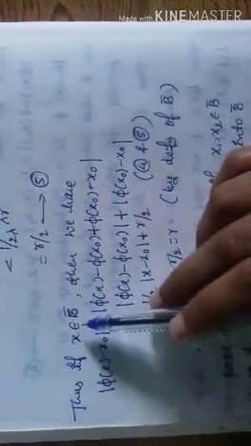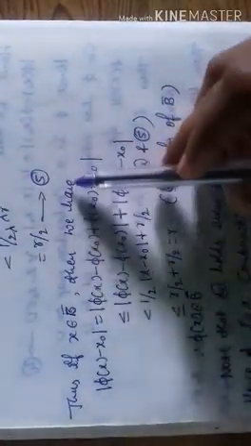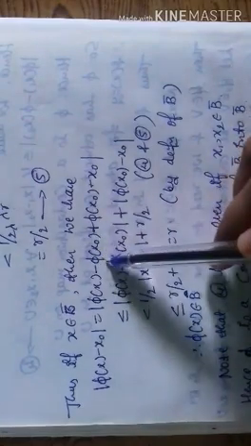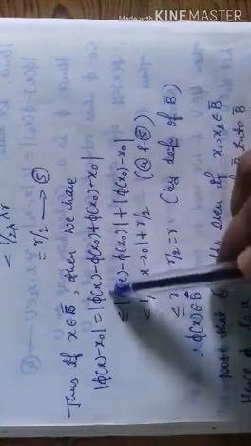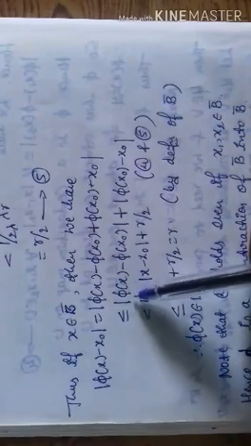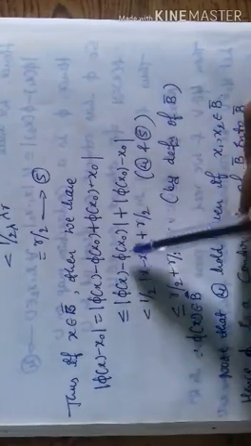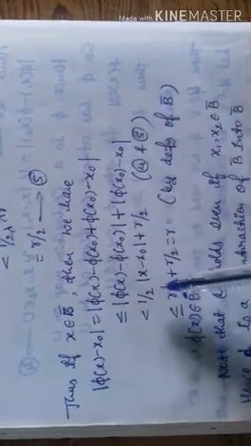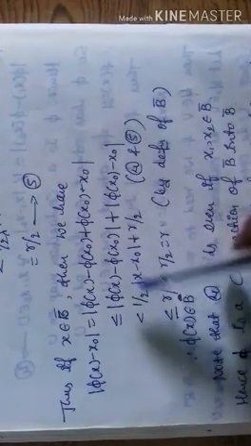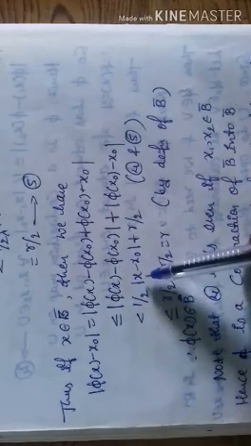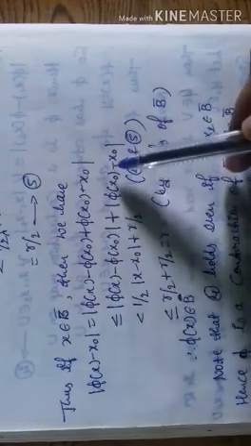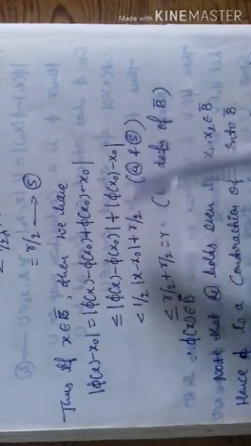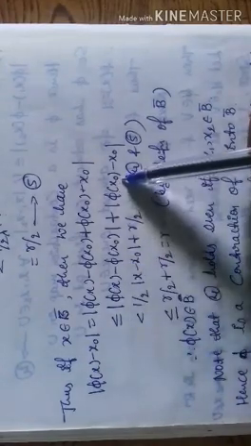Thus, if x belongs to B closure, then we have mod pi of x minus x0, adding and subtracting pi of x0. This is less than or equal to mod pi of x minus pi of x0 plus mod pi of x0 minus x0. We know that the first value is less than 1 by 2 into mod x minus x0, and the second value is less than r by 2, from equation number 5.